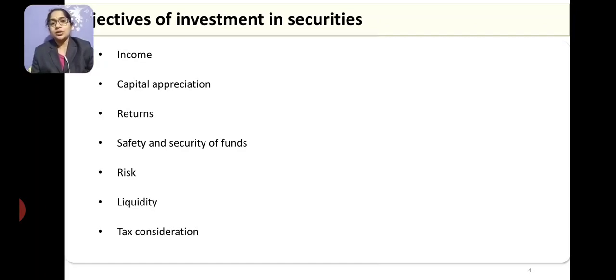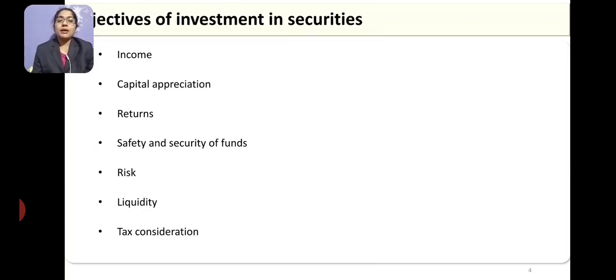Then take a considerable amount of risk to get a return. Suppose if I just keep money in the post office, the rate of interest they give is much less, isn't it? Instead of that, I may invest some money in mutual funds, or I may invest some money in shares, so that I am ready to take some amount of risk to get the return.